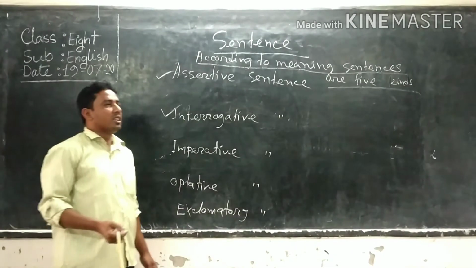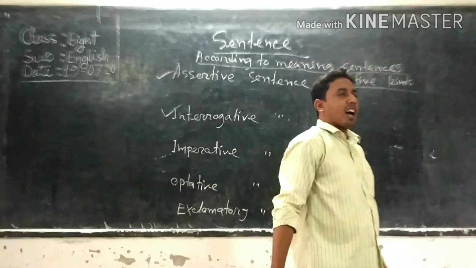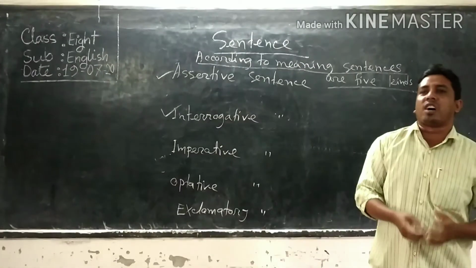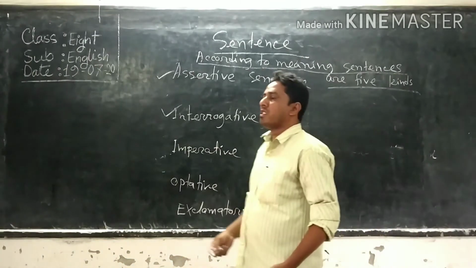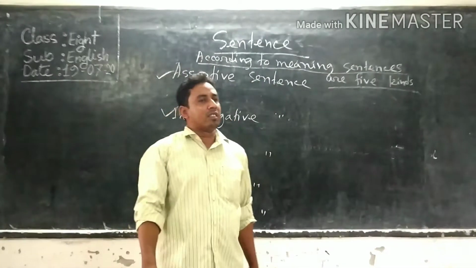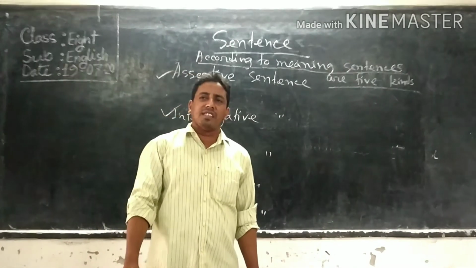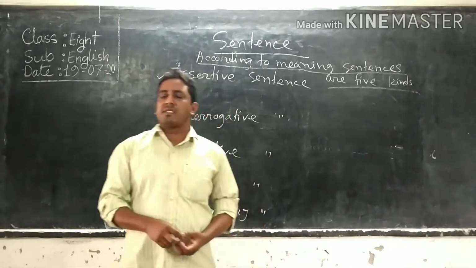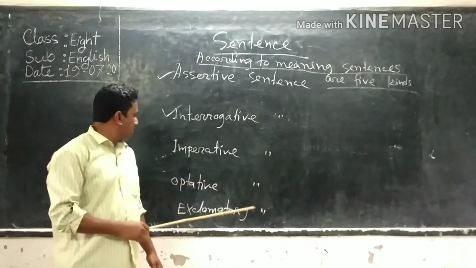Next, the imperative sentence. When we command, order, advise, or propose to someone, this is called an imperative sentence. Help the poor. Do not make a noise in the class. Let us play football. These are imperative sentences.